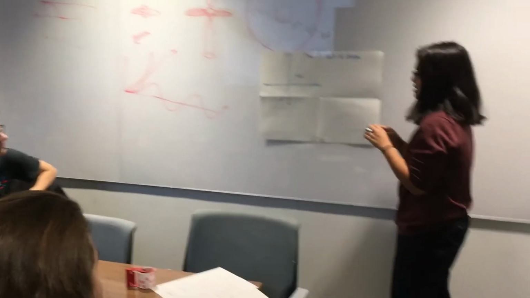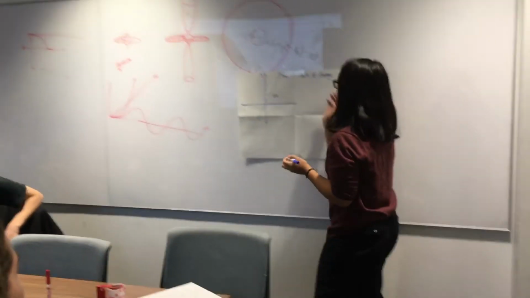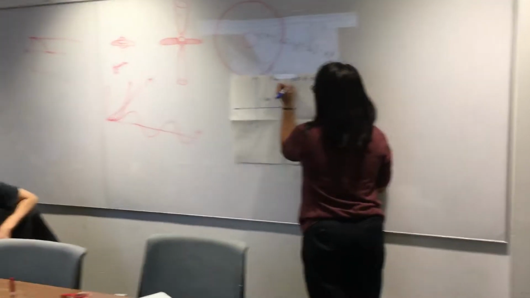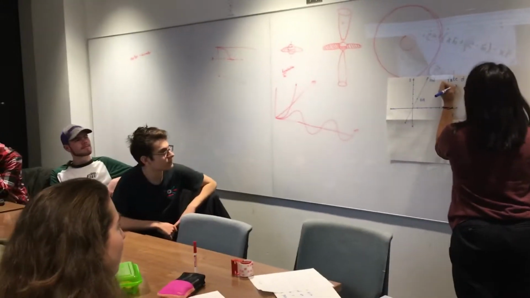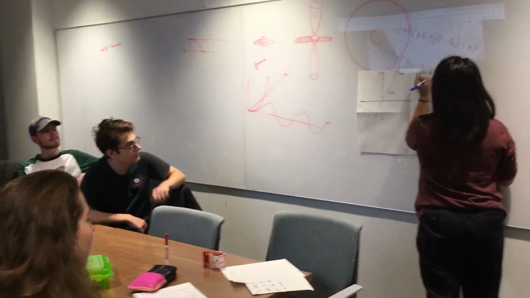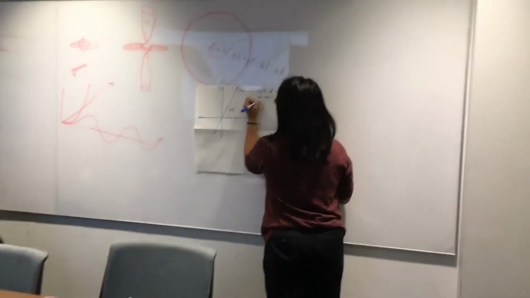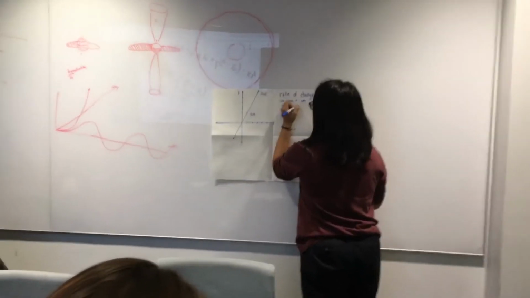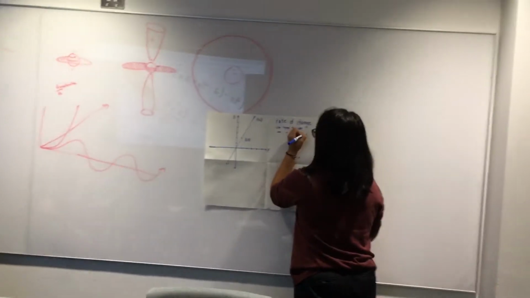So what we're learning about today is rate of change, and rate of change basically asks what happens to the output when we change the input.